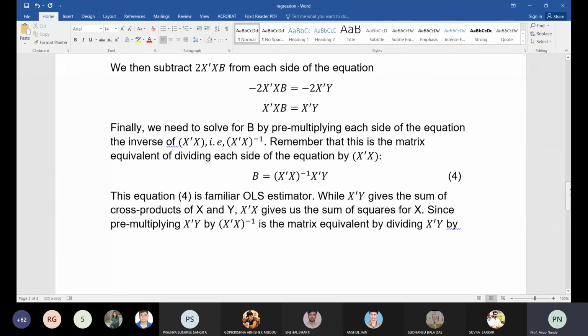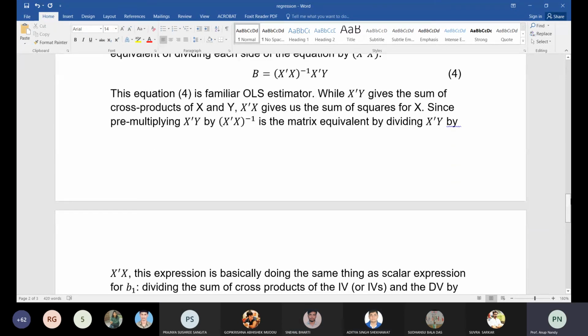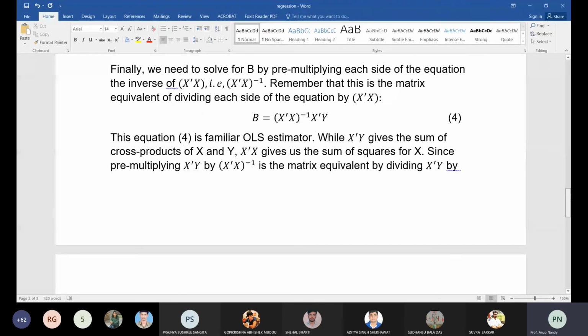There is a property for inverse, right, sir? AB whole inverse equals B inverse A inverse. Yes, AB whole inverse is equal to B inverse A inverse. Now you can write it.